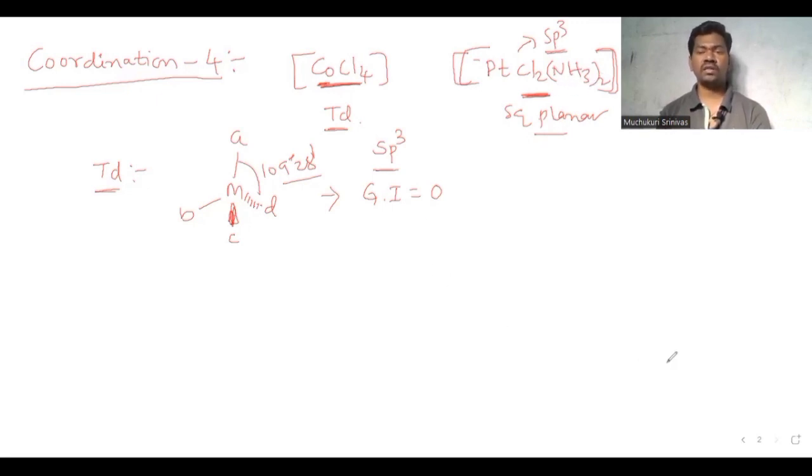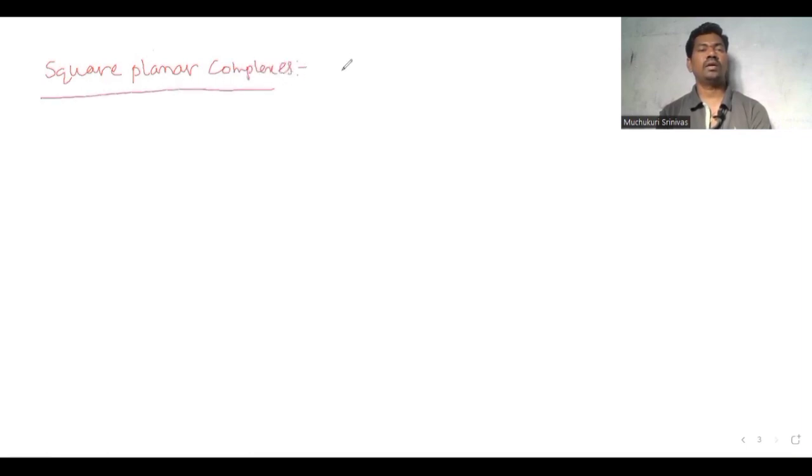How many types are there? We shall discuss one by one. The first type, for square planar complexes with coordination number 4, type 1.